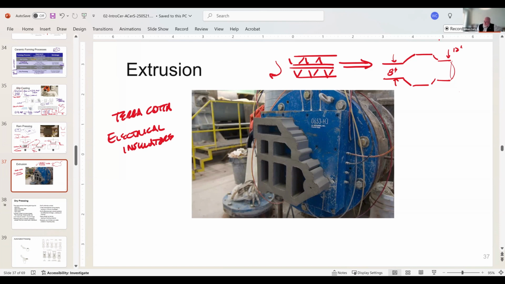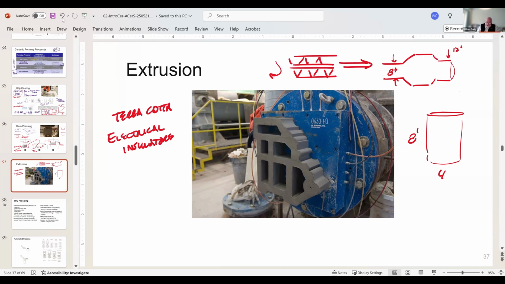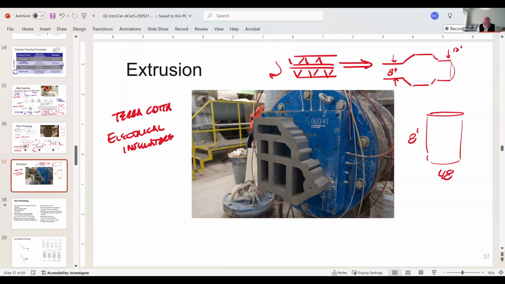They had an extruder which was vertical, and it would extrude a piece of clay 8 feet long and 4 feet in diameter, so we'll say 48 inches in diameter. This was 3 stories tall. They had to put a ton of clay in to turn the thing on, and then they would extrude down and make these huge cylinders.